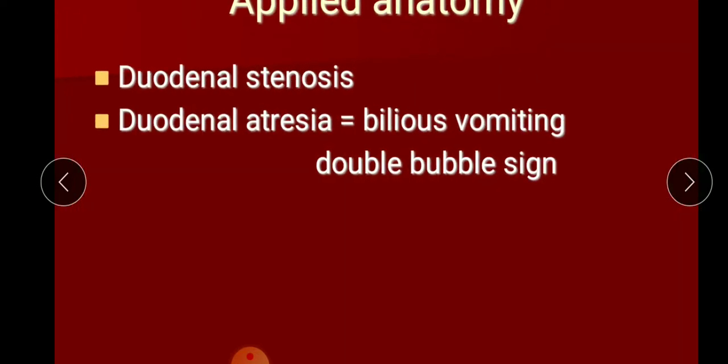Duodenal stenosis and duodenal atresia often result because of some defect in this recanalization process. And one typical characteristic feature that you should remember in the case of duodenal atresia is that the newborn baby will have bilious vomiting. And on radiograph you get a typical double bubble sign. That's a very typical double bubble sign in the case of duodenal atresia.